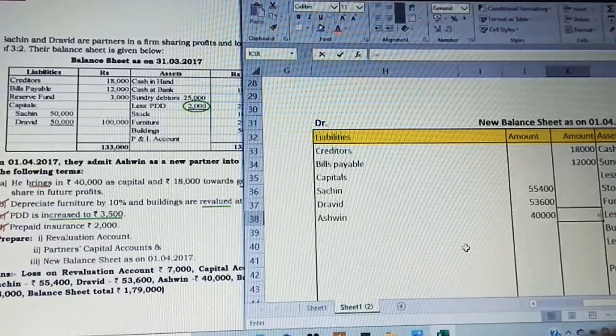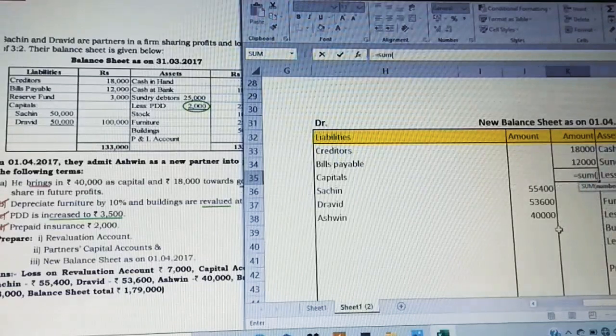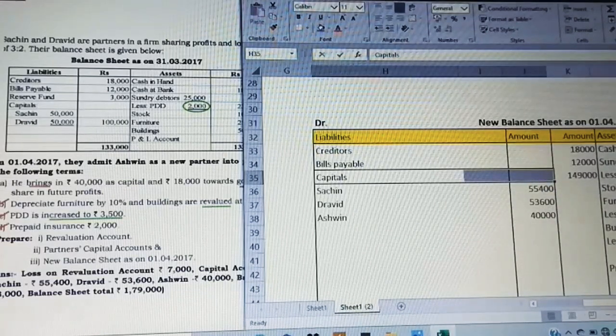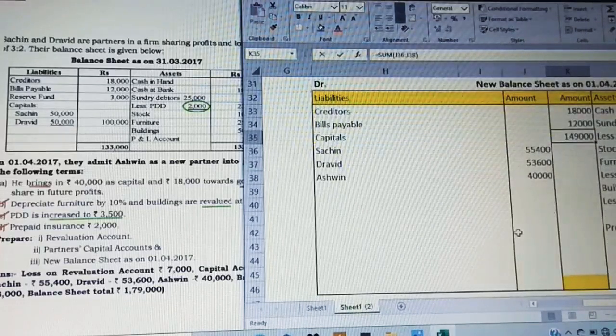So the total sum of the capital is going to be taken up. So I get 1,49,000 as the new capital, which is going to be taken up in the balance sheet.